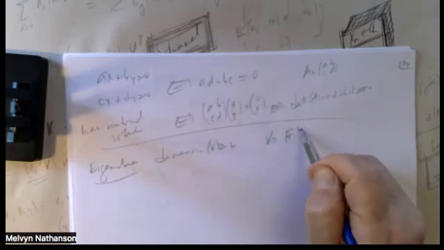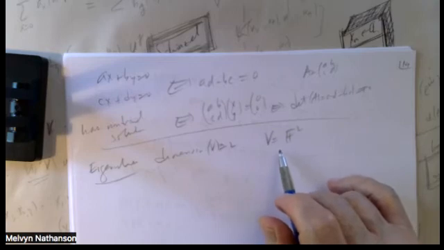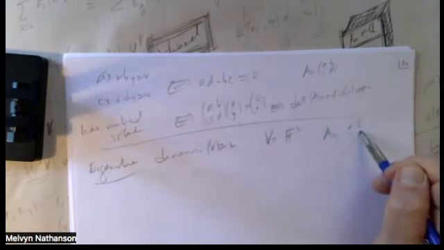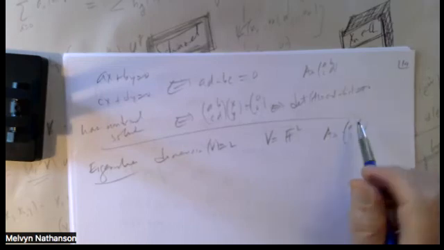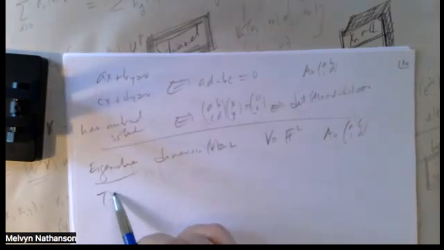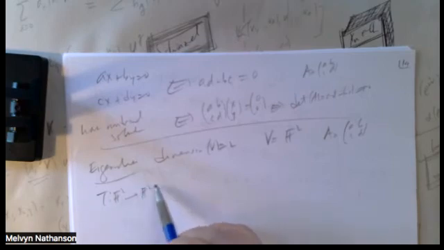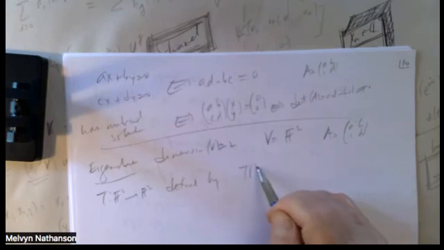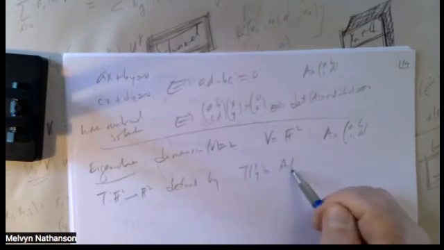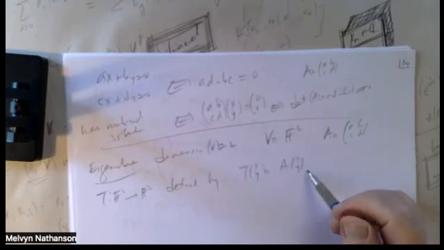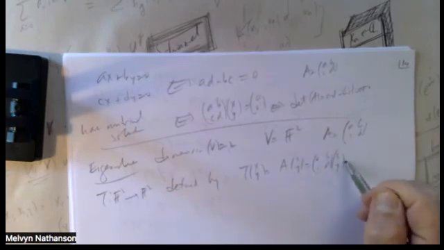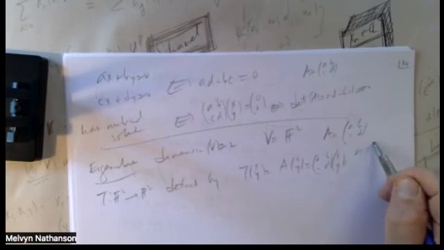So V is like this two-dimensional vector space over the field F. And suppose A is the matrix A, B, C, D, with the operator T from F2 to F2 defined as usual by T of XY is the matrix A times XY. That's ABCD times XY. That's AX plus BY, CX plus DY.